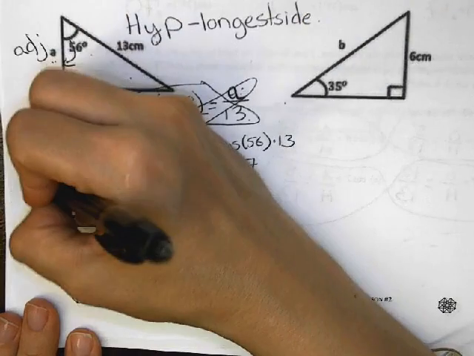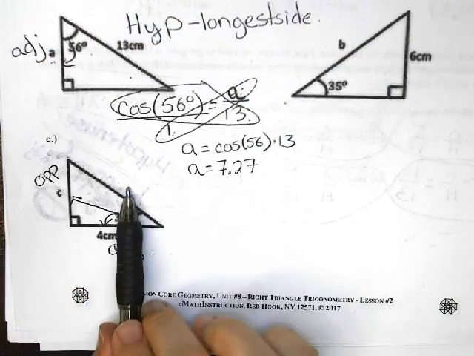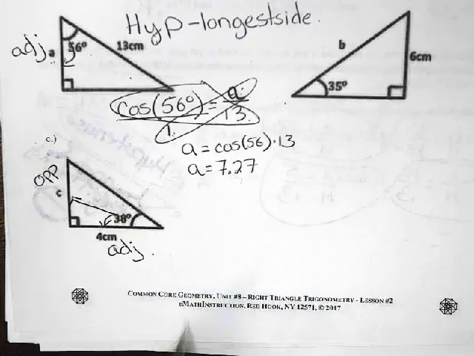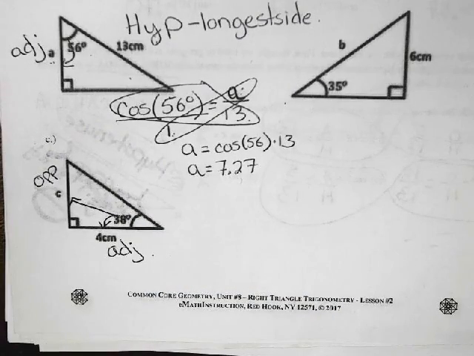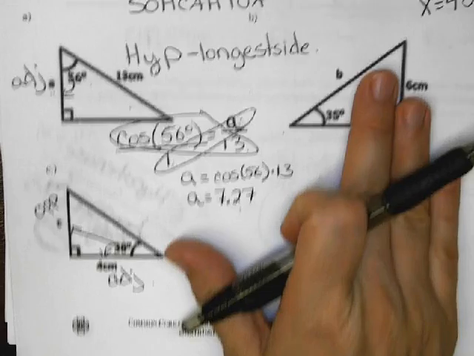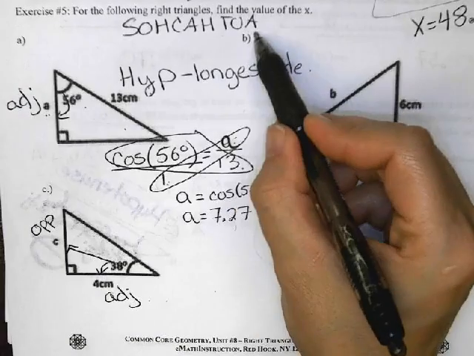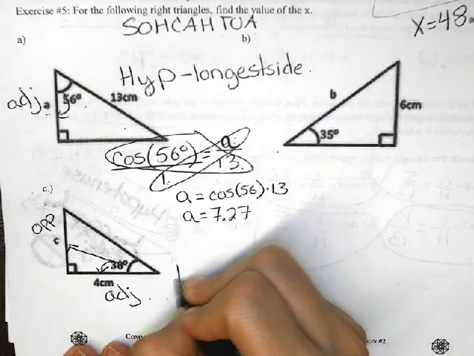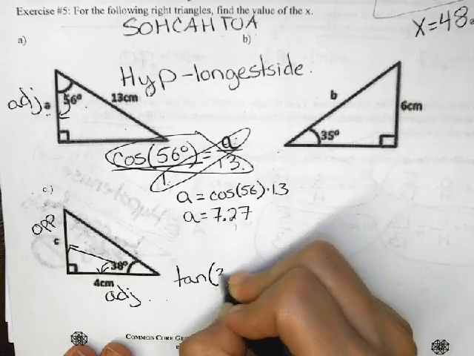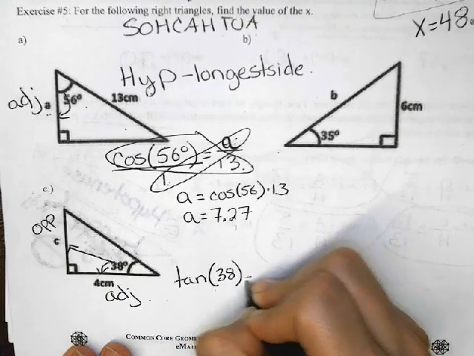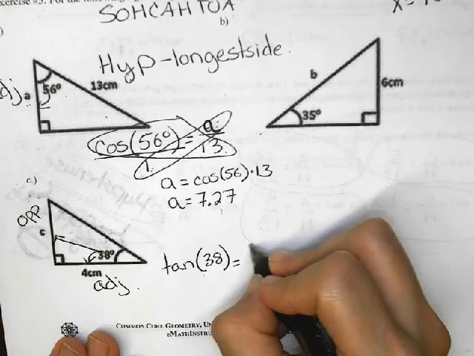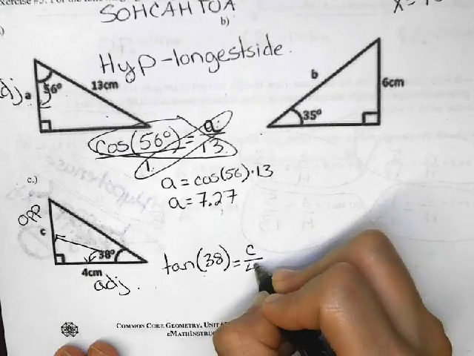And this one's the opposite. They did not give you hypotenuse. So CAH or TOA? It's TOA. So we're doing tan of the angle equals opposite over the adjacent.